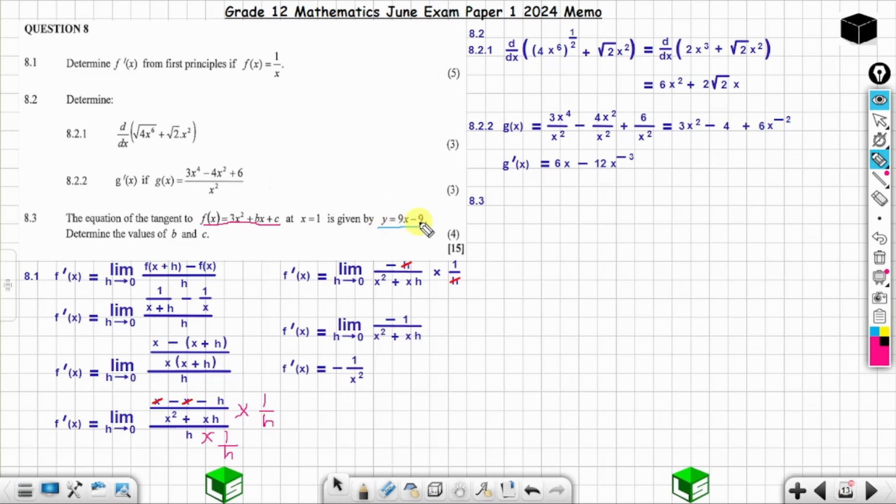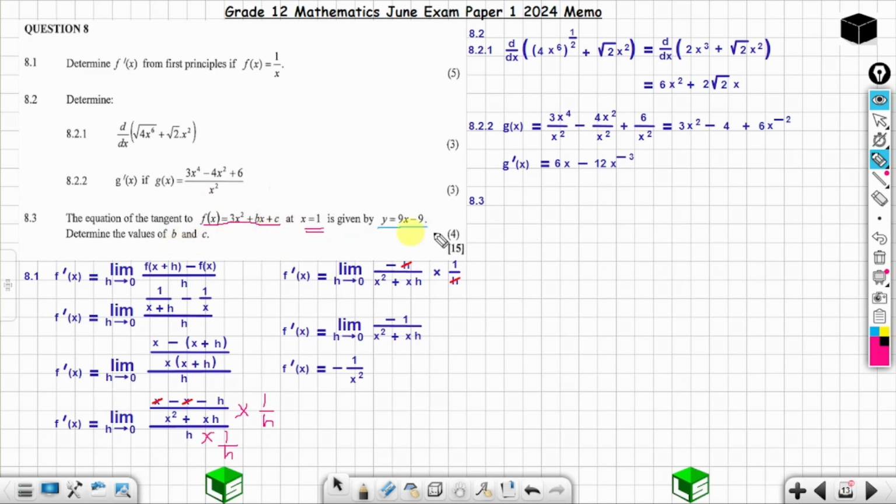This tangent is touching this graph, which is a parabola, at x is equal to 1. So this is the x coordinate of the point of contact between this parabola and the tangent. The question is to determine b and c.